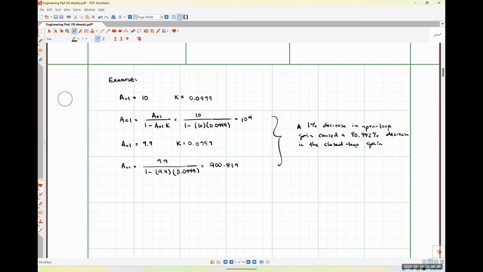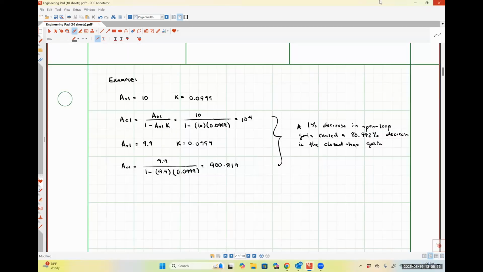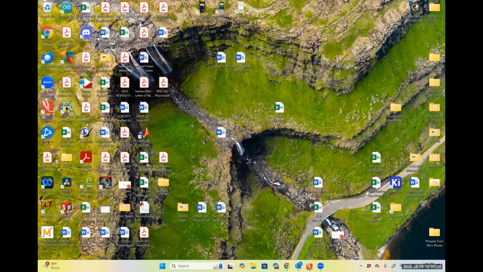All right, so I think this is enough background information for now. So let's actually talk about the circuits. So I'm going to pull up LTSpice real quick. And I've already built a circuit for us to look at.